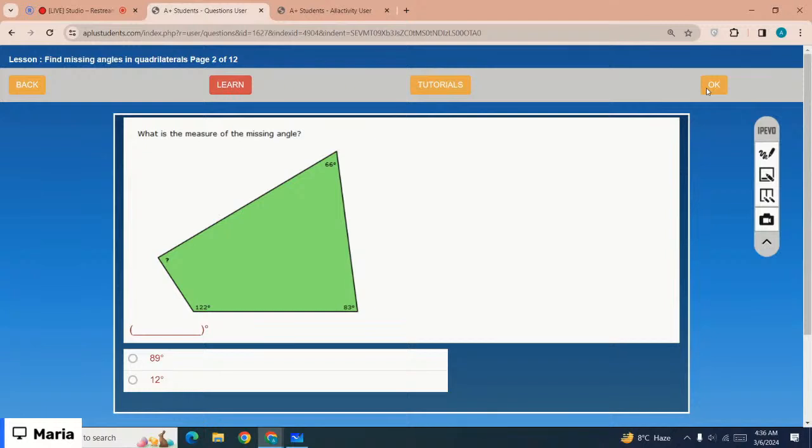Yes, the missing angle is 89 degrees, right? 89 it is. Just add and subtract. The answer is 89 degrees.